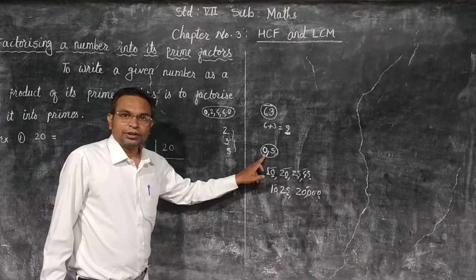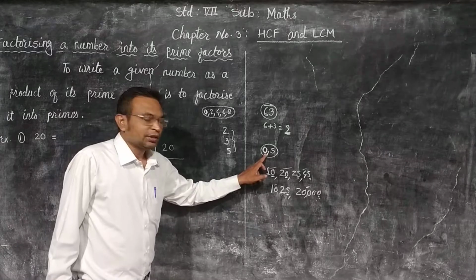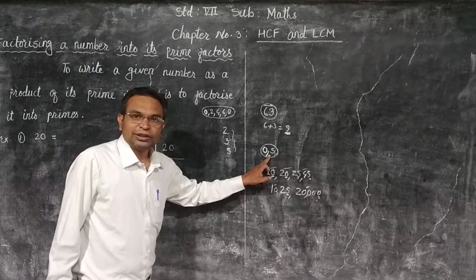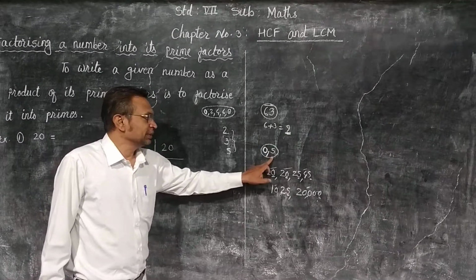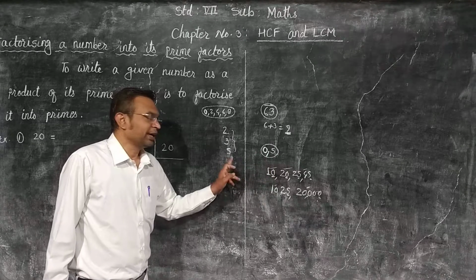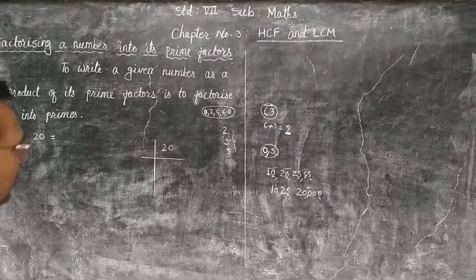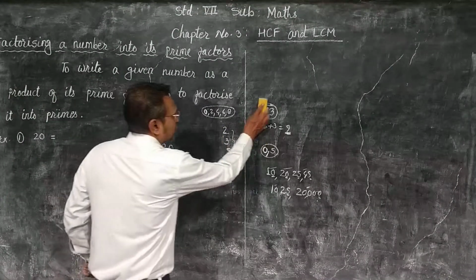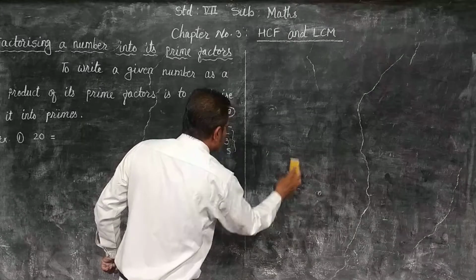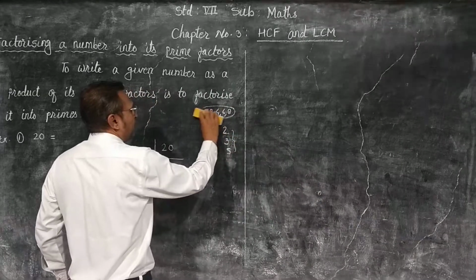If the given number has 0 or 5 in its unit place, then that number is divisible by 5. Now while factorizing, we have to use the tests of 2, 3 and 5.